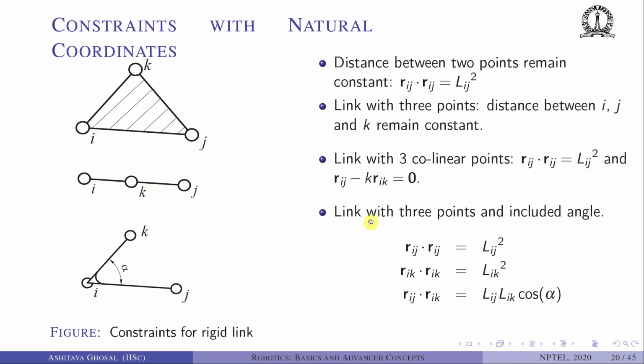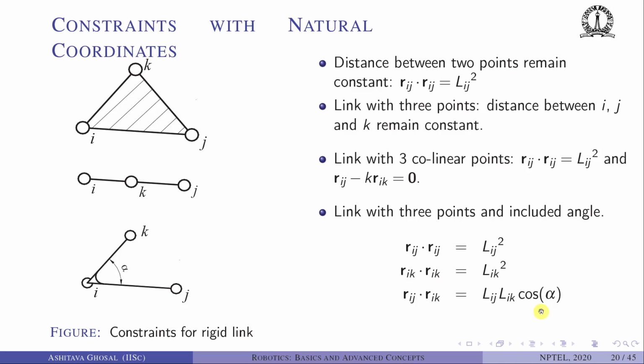If you have a link with 3 points and an included angle, so I have a link with i, j and k, and there is an included angle alpha. Again, the distance between i and k will remain constant, between i and j will remain constant, but then the dot product of this vector i to k and i to j will be Lij Lik cos alpha.